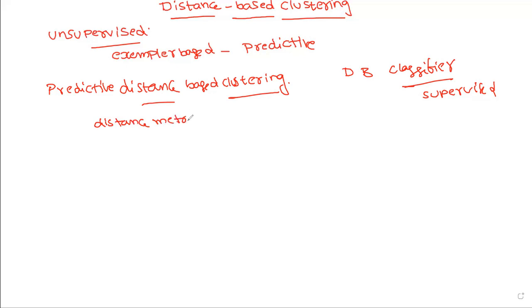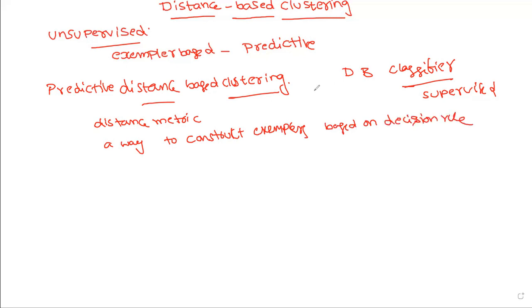It uses the distance metric as used in the classifier also, along with a way to construct the exemplars based on some decision rule. That is, what are the things that are present in the classifier, the same things are present in distance-based clustering. One is the distance metric, and another one is you have to construct exemplars based on some decision rule.